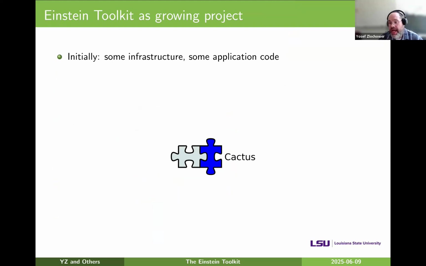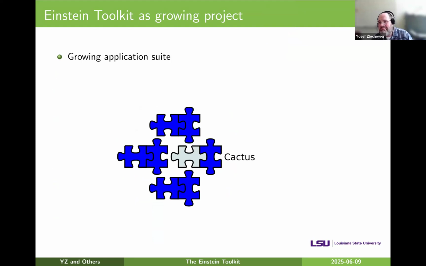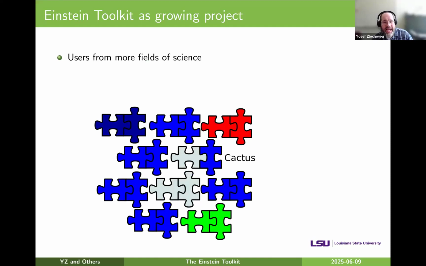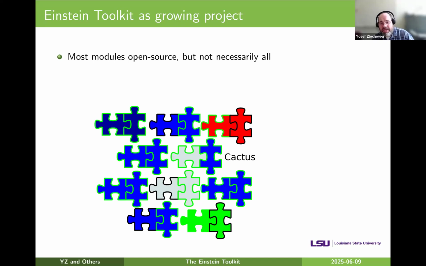So originally it was Cactus with some additional applications, and then the number of features grew and grew, and then more features were added. A lot of the features which people use as part of their Einstein Toolkit simulation are open source, but not all. You are free to develop your own code and keep it closed source if you so choose.